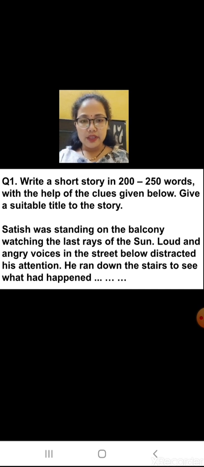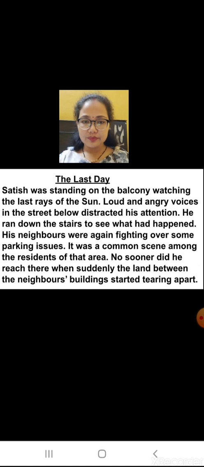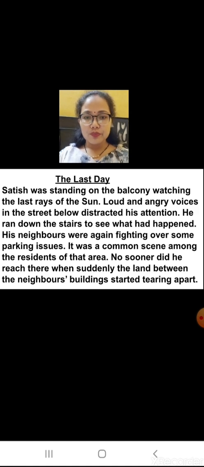The clue is: Satish was standing on the balcony watching the last rays of the sun. Loud and angry voices in the street below distracted his attention. He ran down the stairs to see what had happened. So here is the solution, here is the story.